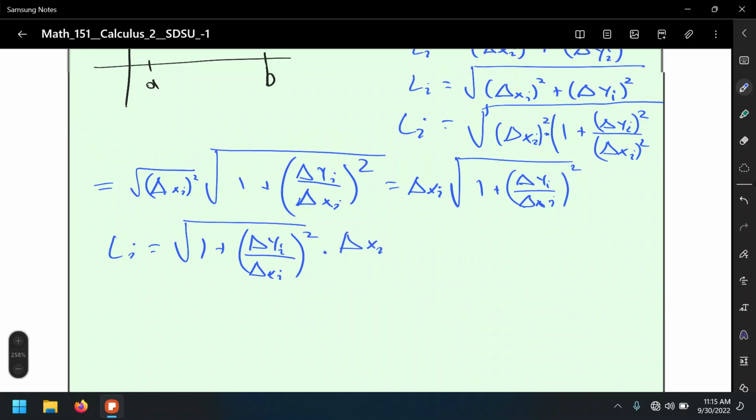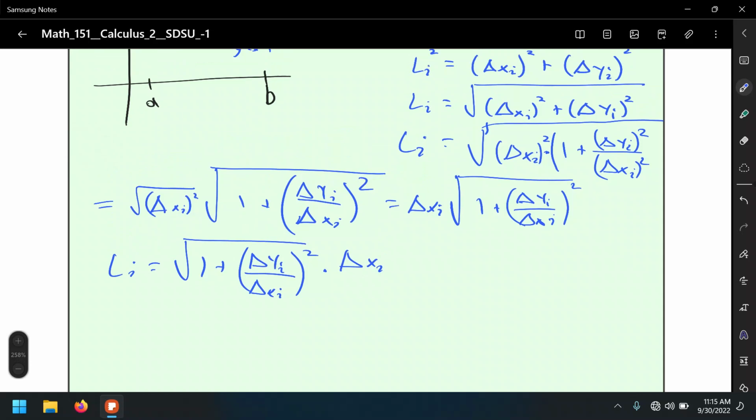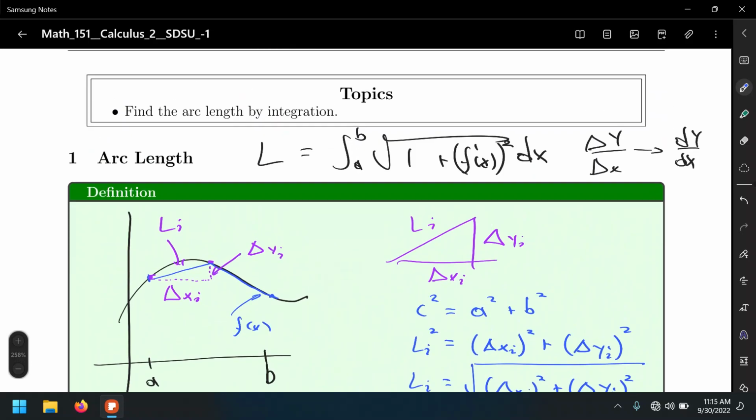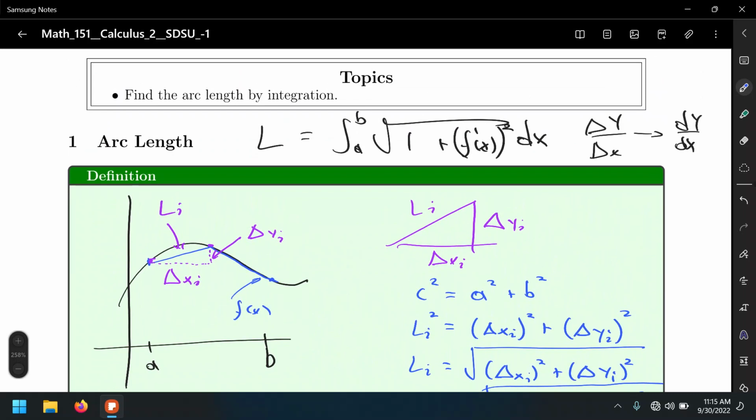Did you notice this expression, how it looks like the integral that we want to obtain? This dx will be representing the delta x after we add infinitely many of these lengths, and the delta y over delta x, which is dy dx, later when we add infinitely many of those, that's f prime. It's just another way to say dy dx. There's many notations to say the same thing.